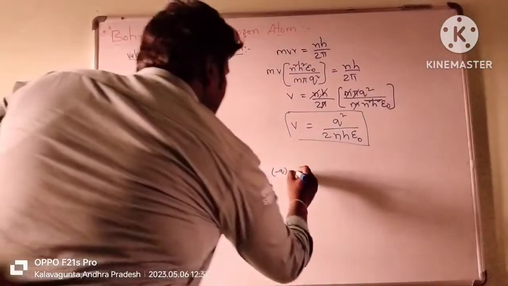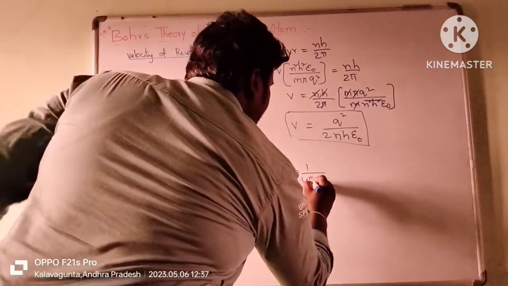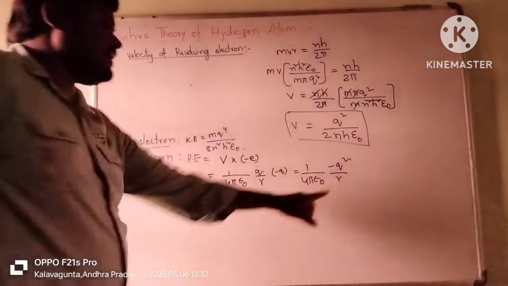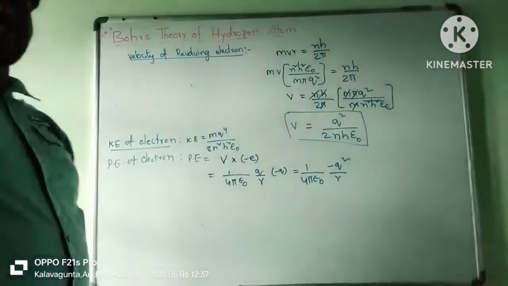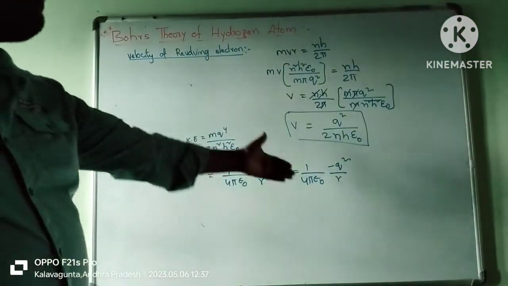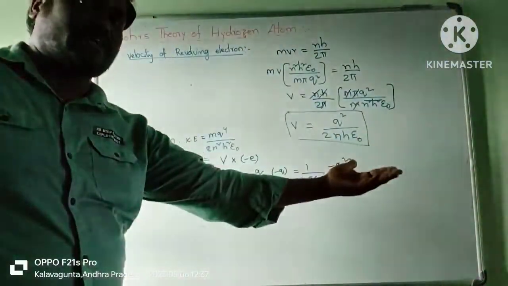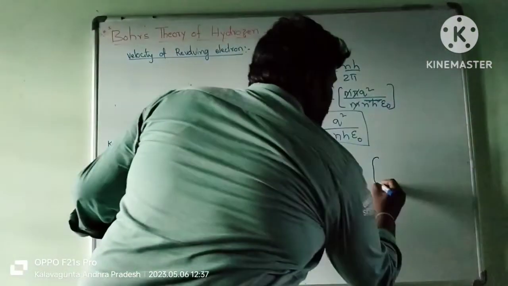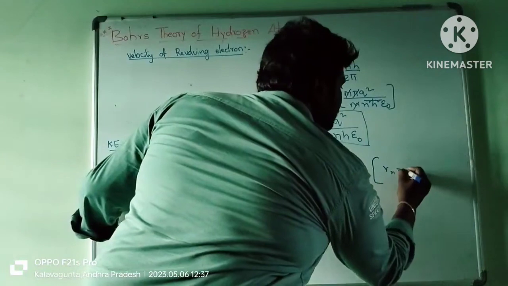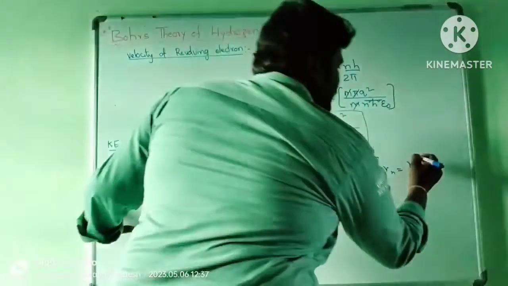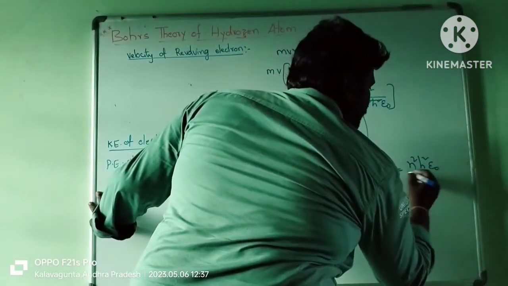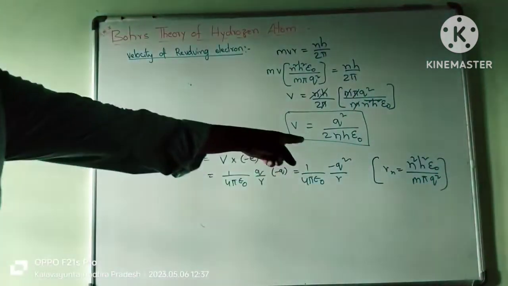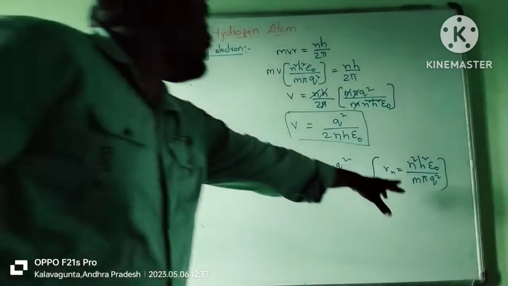Then it becomes 1 by 4 pi epsilon naught, minus q square by R. Here R is the radius of the orbit where the electron is revolving. So Rn is equal to, as we previously found, n square h square epsilon naught by m pi q square. That is the radius of the orbit that we are going to substitute here.